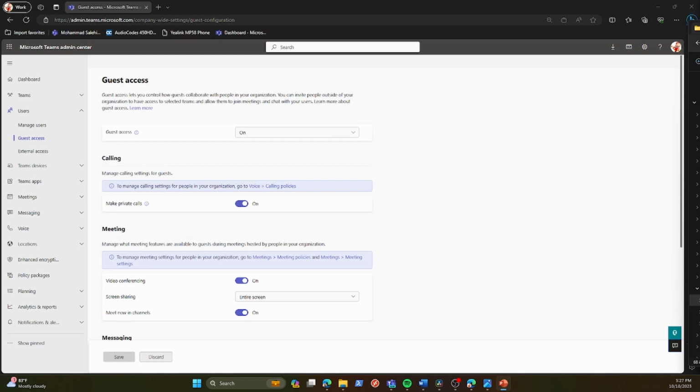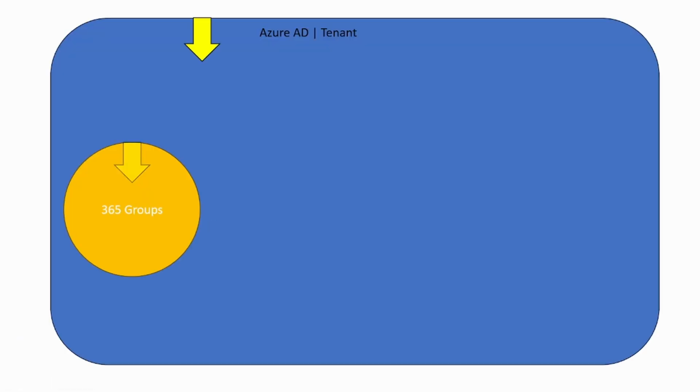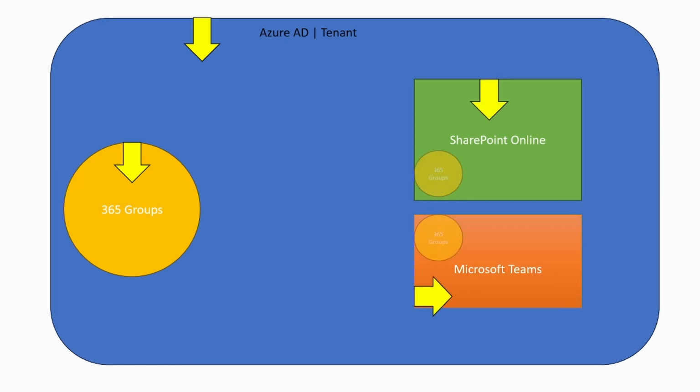But for now, let's review what we have covered so far. We reviewed all this stuff at the very beginning. This is the complete picture. First, we need to configure our tenant, then we need to configure our groups, 365 groups, and after that, we need to configure our SharePoint Online for file access into our tenant, and then from Teams Admin Center, obviously we need that configuration too.